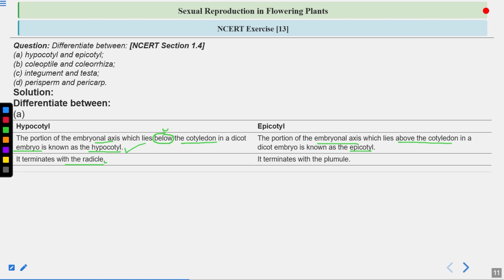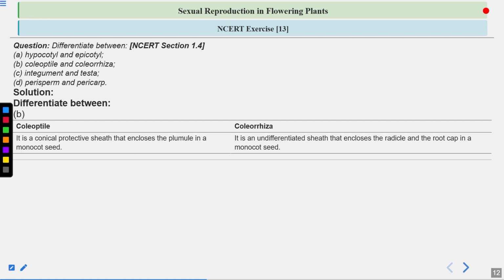So that part in between the radicle and the level of the cotyledon, below the level, that is the hypocotyl, right? Now coming to the epicotyl, it terminates with the plumule. The epicotyl region terminates where the region of the plumule is, right? So that is the epicotyl region. Very, very important. Next difference.